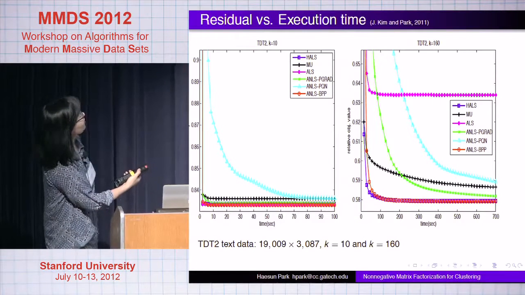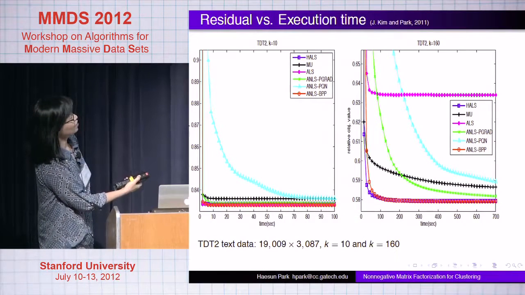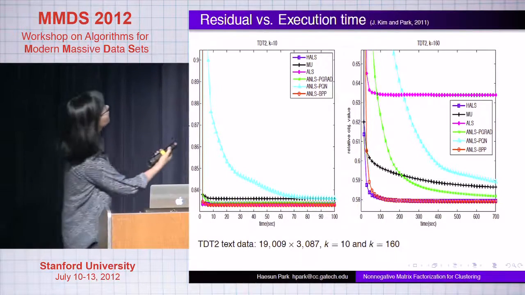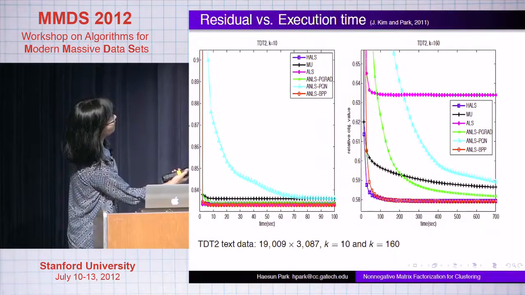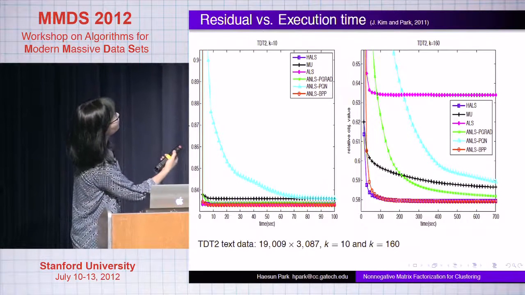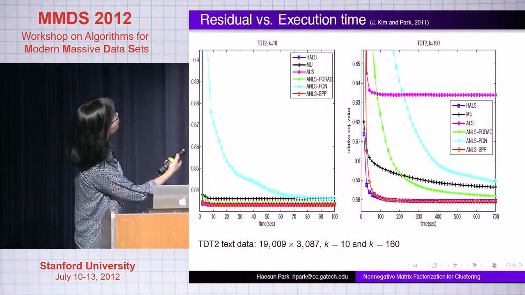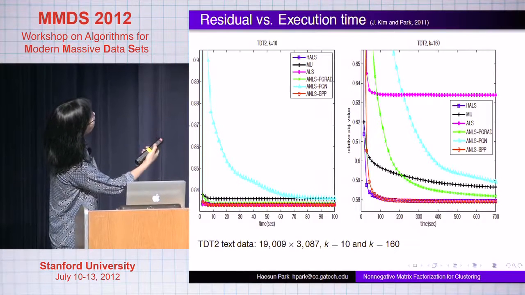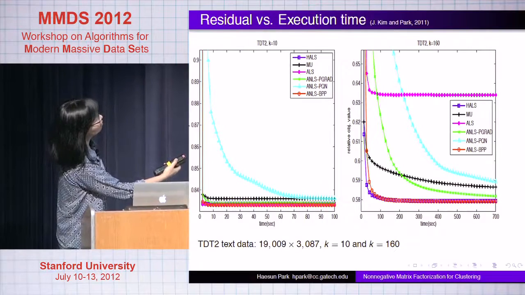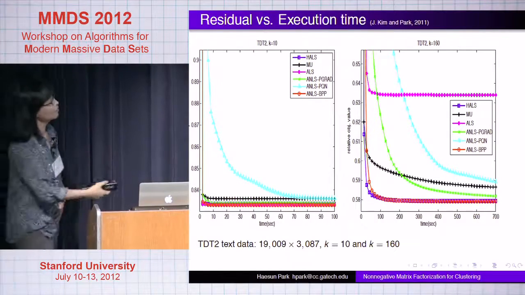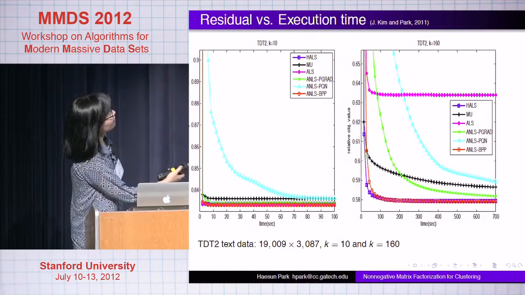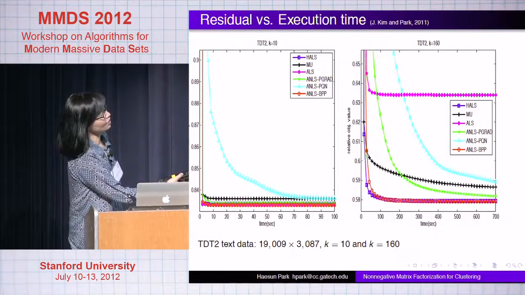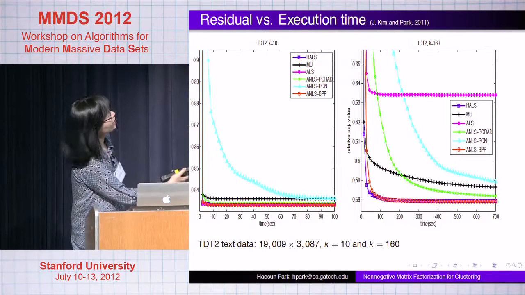Okay. So this is text data. The dimension is like this, and because this is text data, the matrix is very sparse. You'll see that when K is small, most algorithms do very well. They quickly achieve the smallest residual, but here the projected quasi-Newton method was a little slow, but eventually it achieved the minimum. Now it's the same data, but K is larger. When the reduced dimension is larger, it becomes a difficult problem for most algorithms.